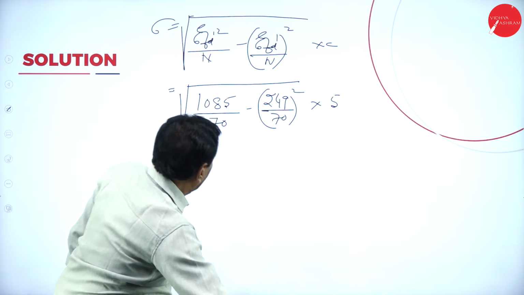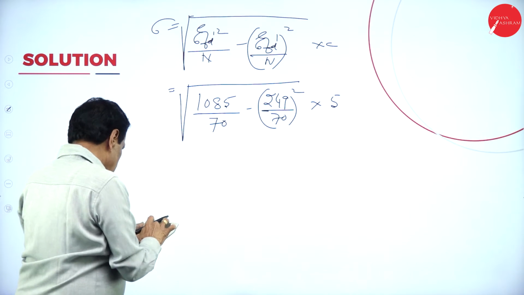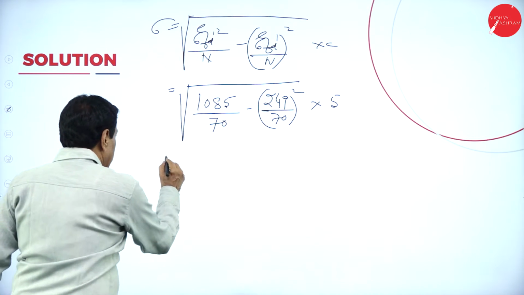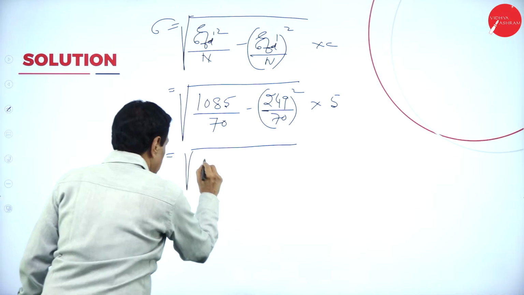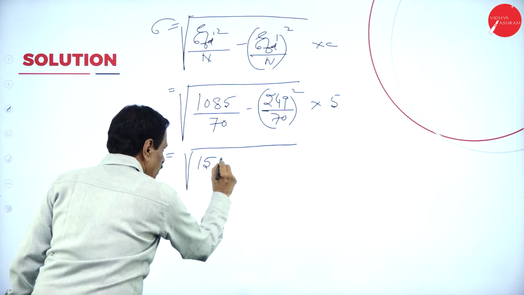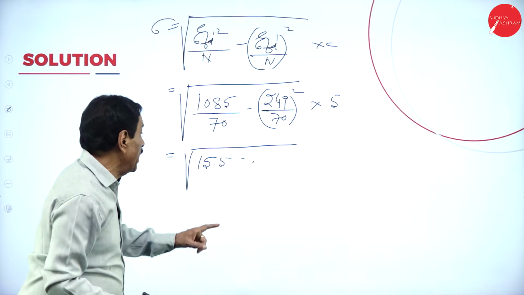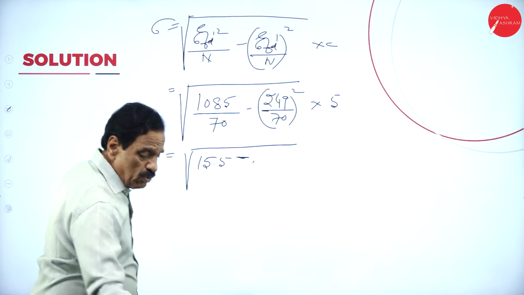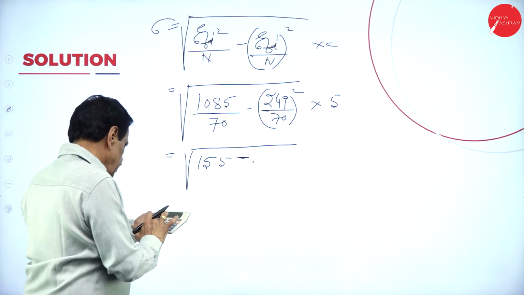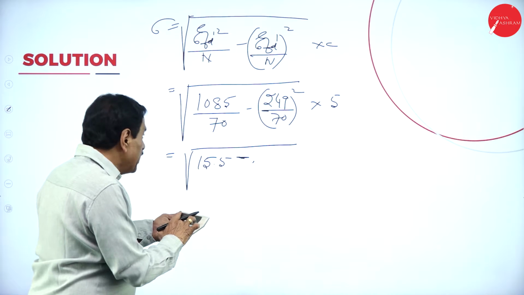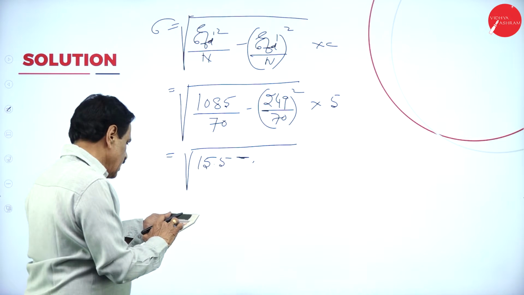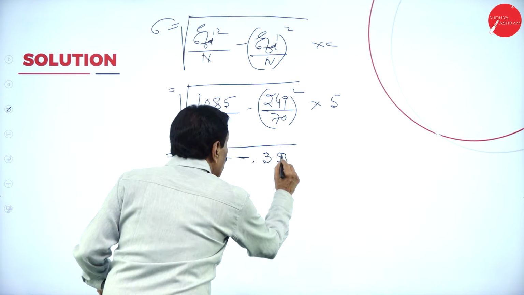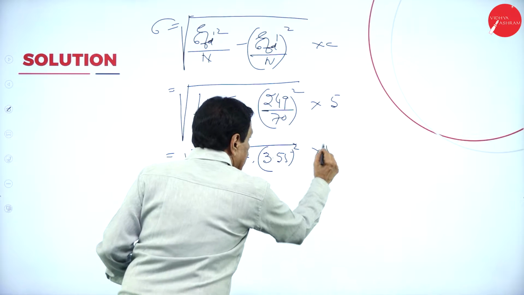Now you have to simplify. 1085 divided by 70 is nothing but 15.5. Then 249 divided by 70 is equal to 3.55, whole square, into 5.